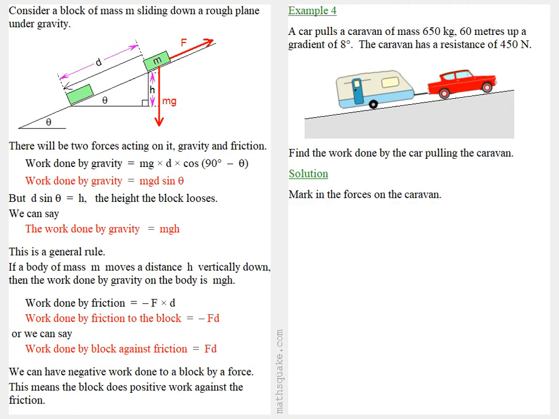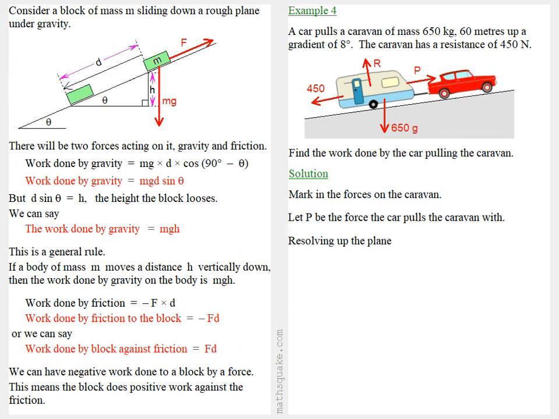There's the weight of the caravan that acts vertically downwards, and that's 650G. There's the resistance in the caravan, which is 450 newtons and acts down the slope. There's the normal reaction from the ground, we can call that R, it's perpendicular to the slope. And we can let P be the force the car pulls the caravan with, and P acts up the slope.